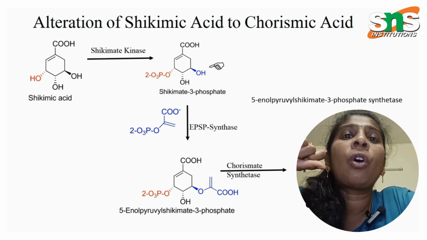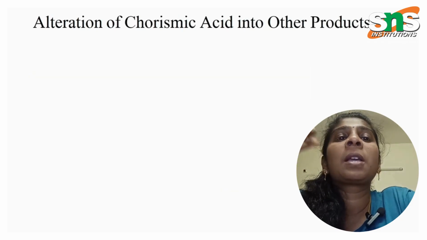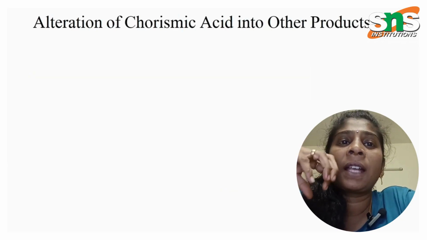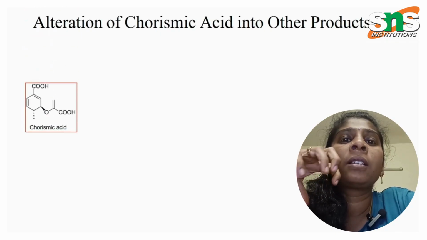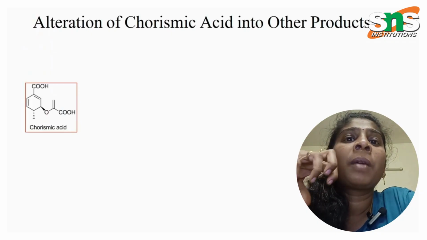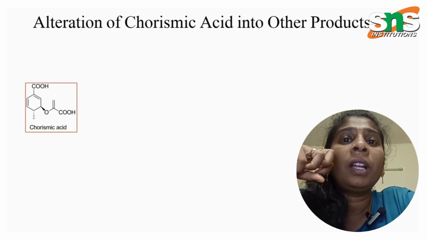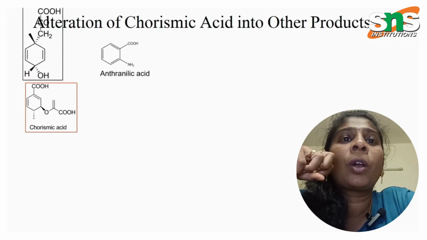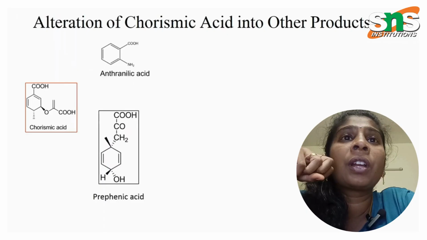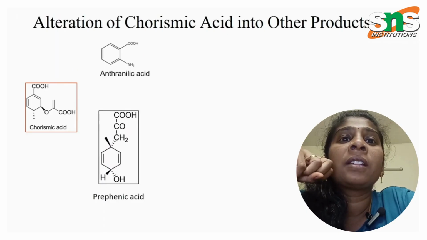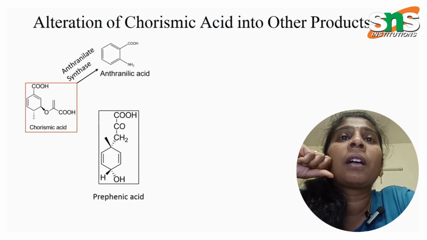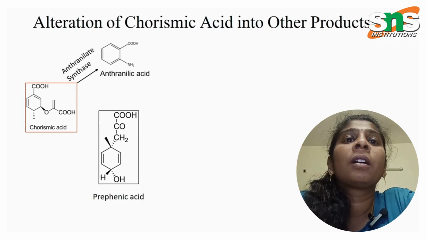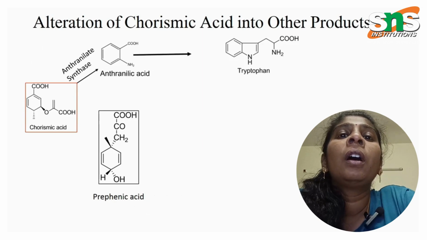Now, alteration of chorismic acid to other products. Chorismic acid is the branching point in Shikimic acid pathway. Chorismic acid may change to anthranilic acid or prephenic acid.